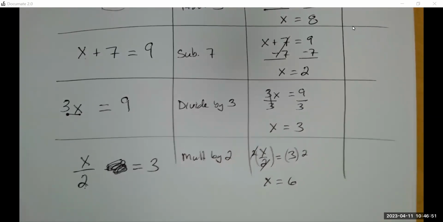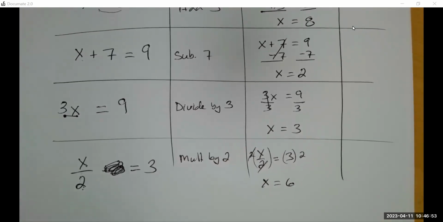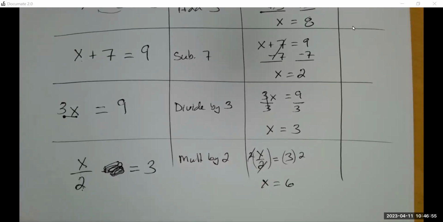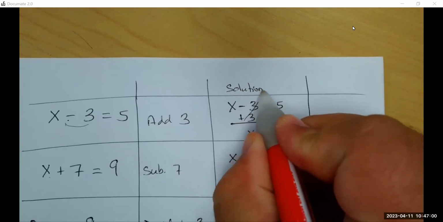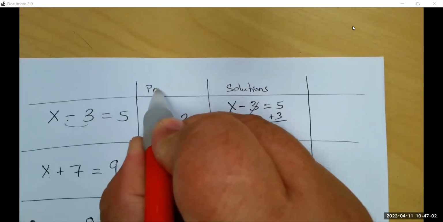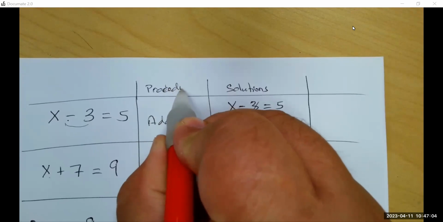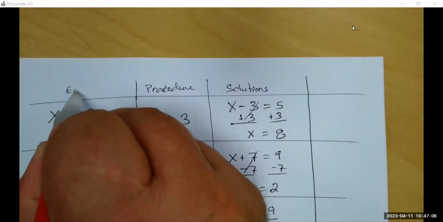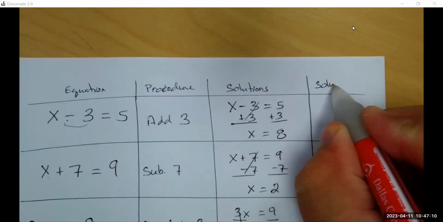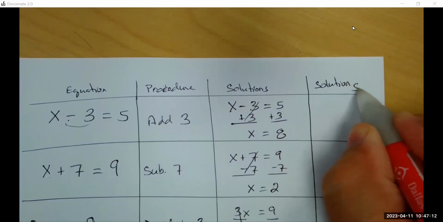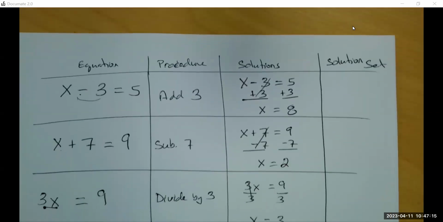So in this last column, let's write those as solution sets. These are my solutions. This is the procedure. This is the initial equation. This is my solution set.